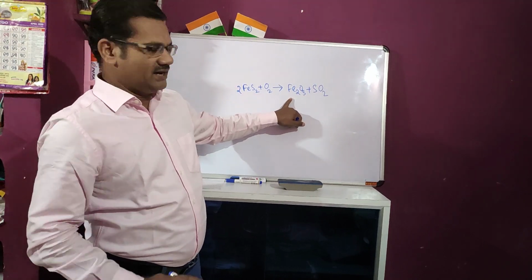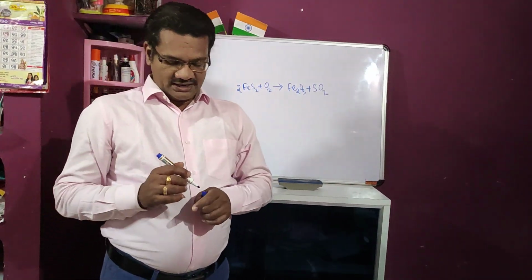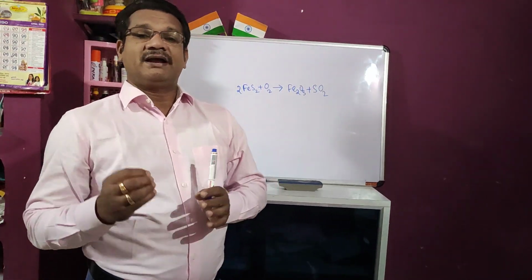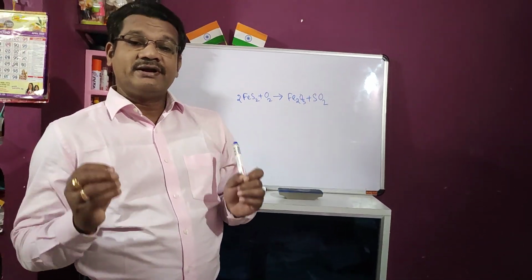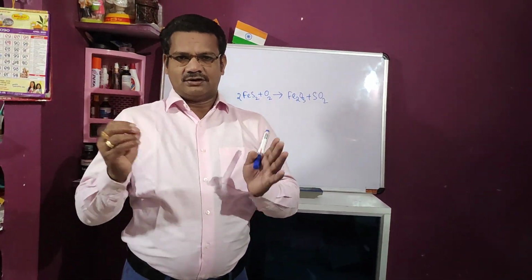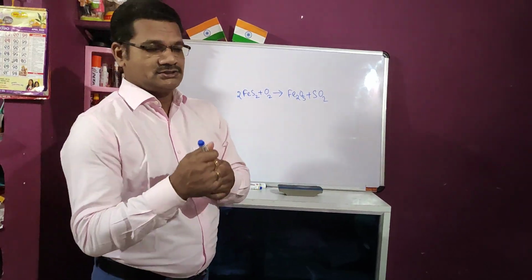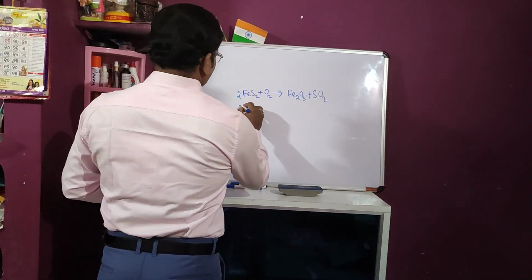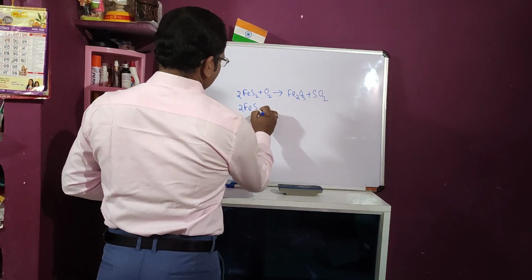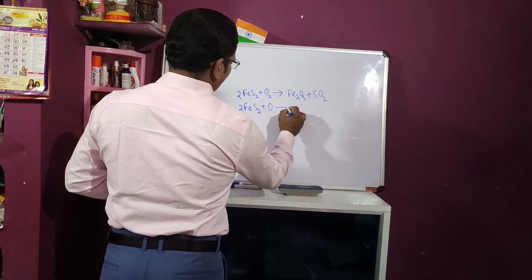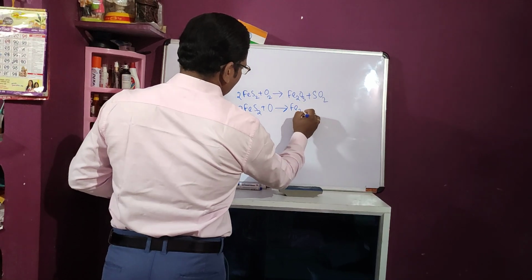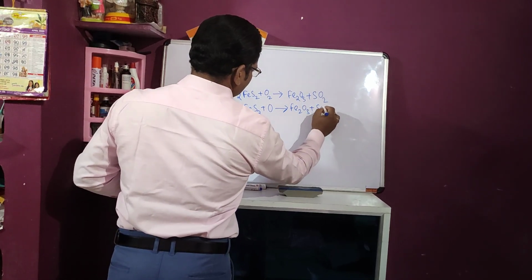Iron has been balanced. Now I have told you, while balancing we have to keep in mind that elementary gases like hydrogen, oxygen, etc. have to be kept in their atomic form. So let us write it like that: 2FeS2 plus O gives Fe2O3 plus SO.